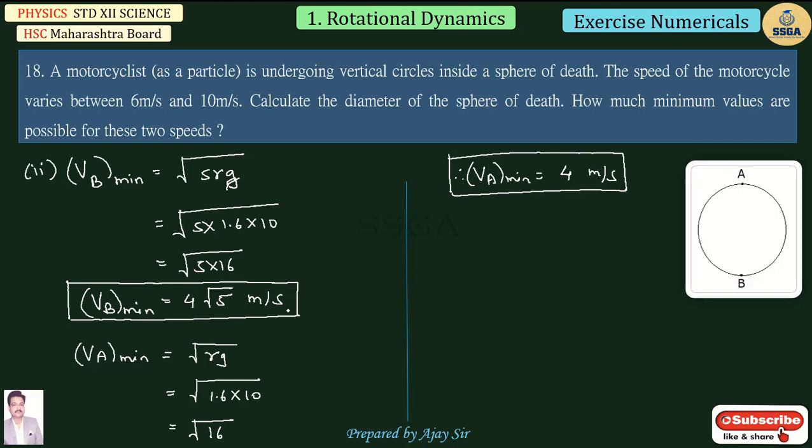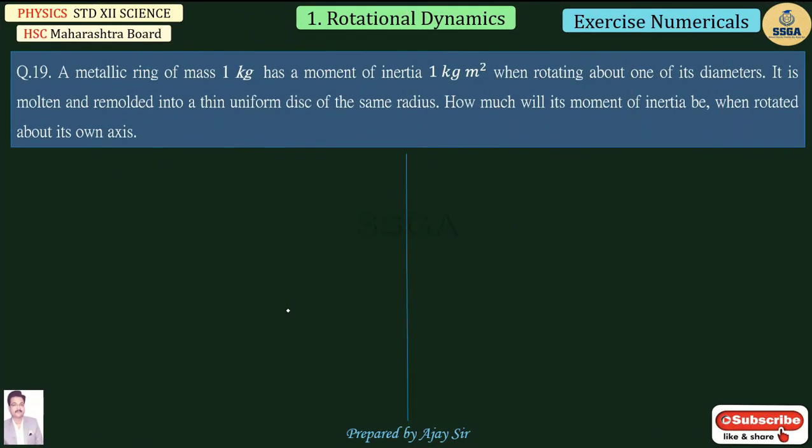Now let us solve the next numerical, number 19. A metallic ring of mass 1 kg has moment of inertia 1 kg meter square when rotating about one of its diameters.